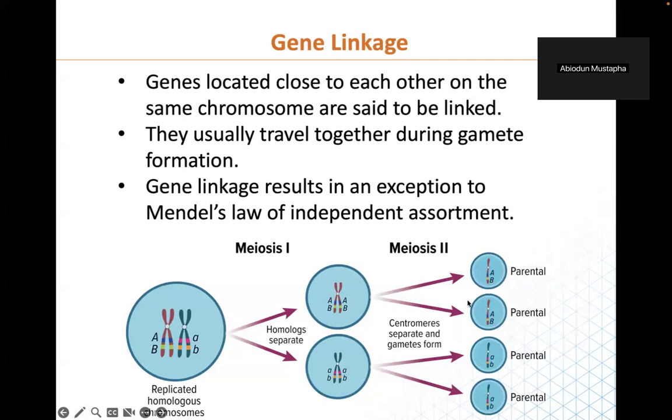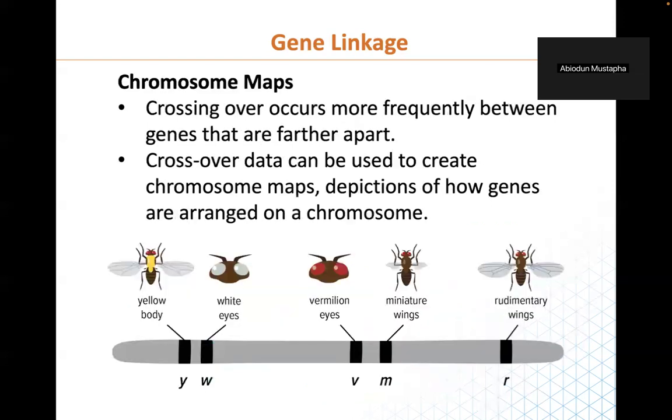Now, as you can see, the centromeres separate and gametes are formed from each parent. One gamete from one parent and the other gamete from the other parent fuse together to form a fetus. That's the reason why we say we have 46 daughter cells from meiosis.